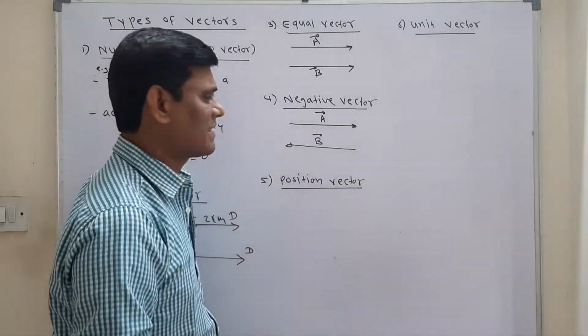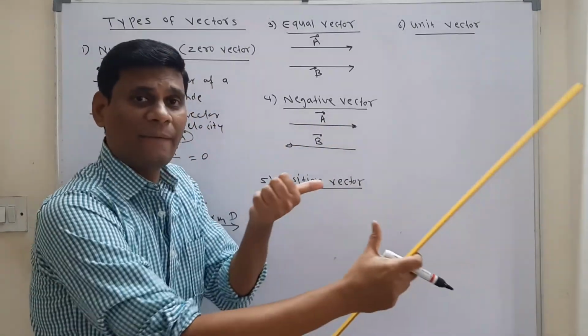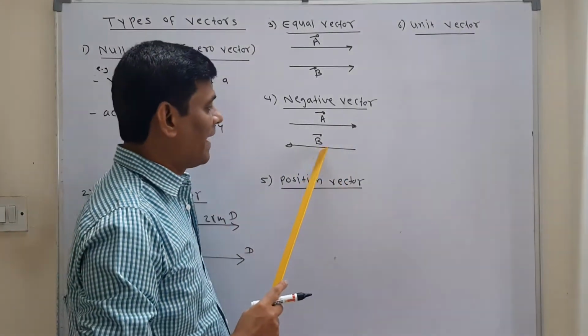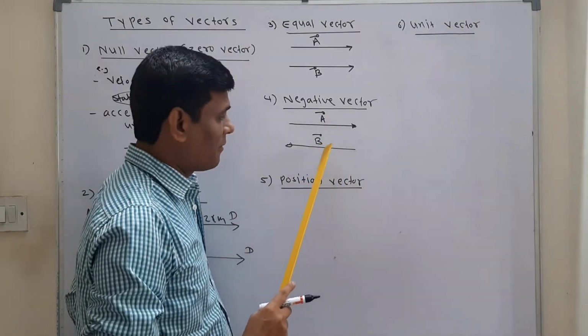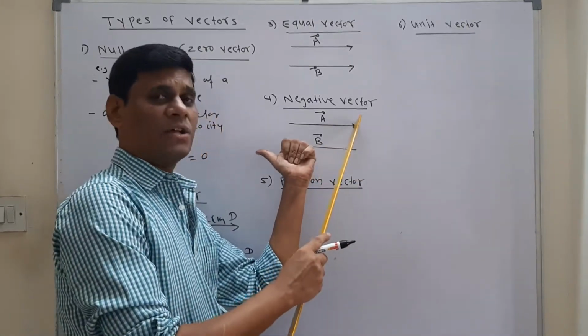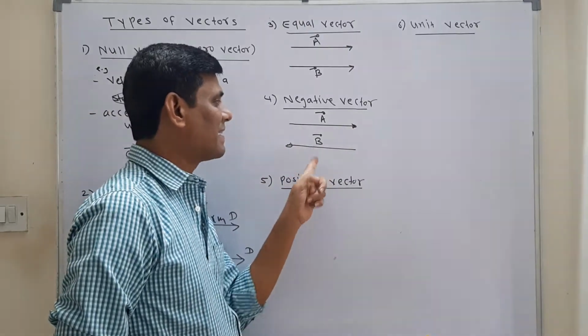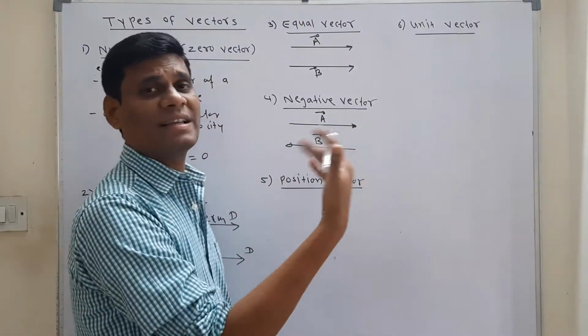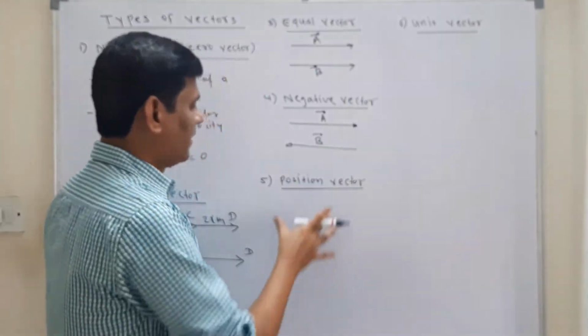In two words I can say magnitude same but traveling in opposite direction. So if you see carefully, the magnitudes of A and B are the same and vector B is traveling in the opposite direction to that of A. So we can say vector B is a negative vector of A. Or we also call it an opposite vector.